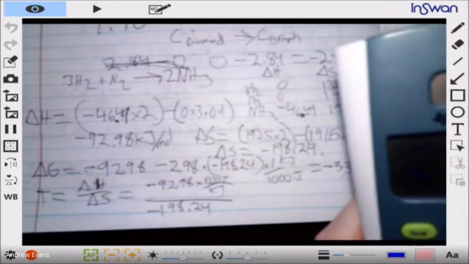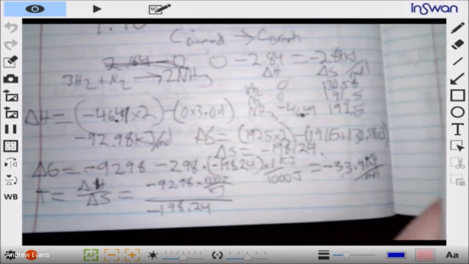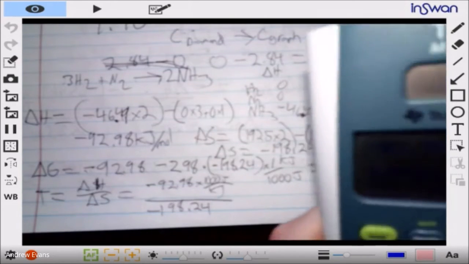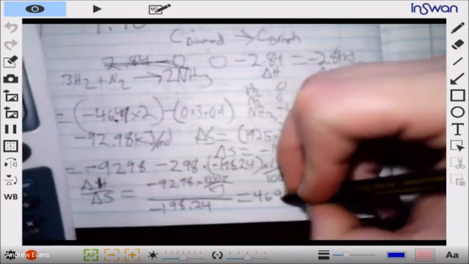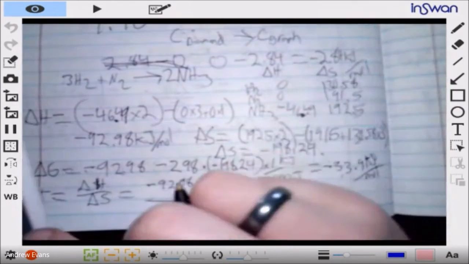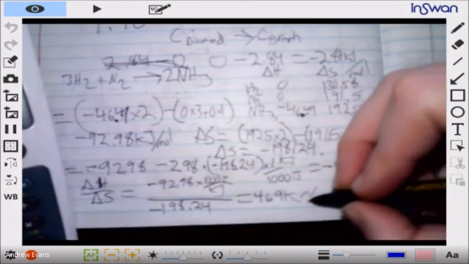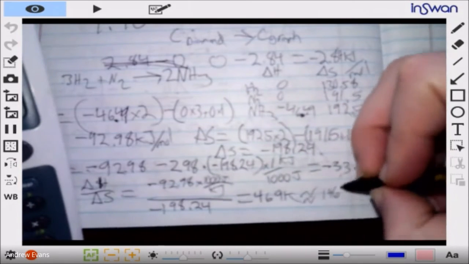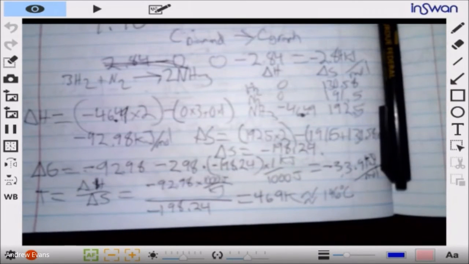So 92980 divided by 198.24. The temperature at which it would cease to be spontaneous is 469 Kelvin, which if we subtract out the 273, is essentially 196 degrees Celsius.